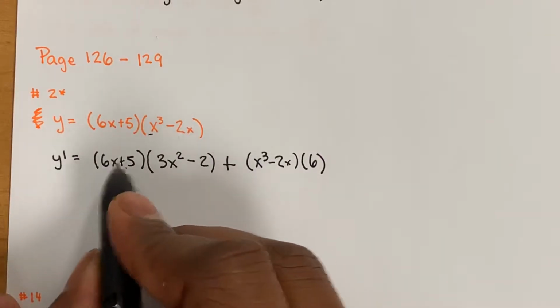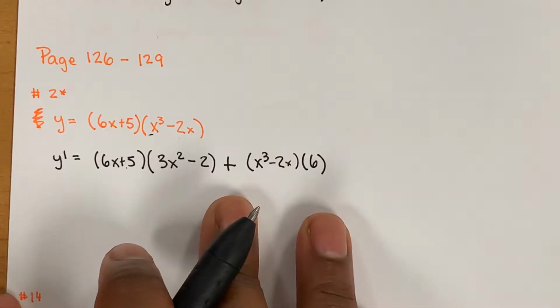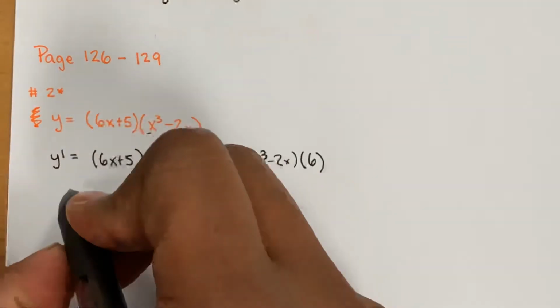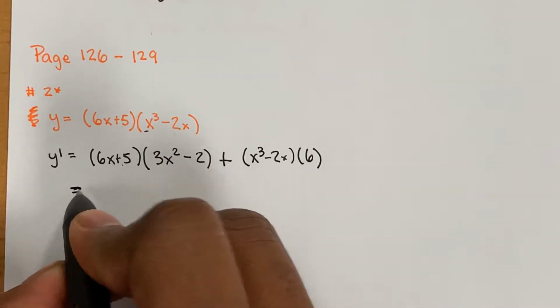This is a fine answer if we had to find the slope, but if we needed to fully simplify, we would just distribute.